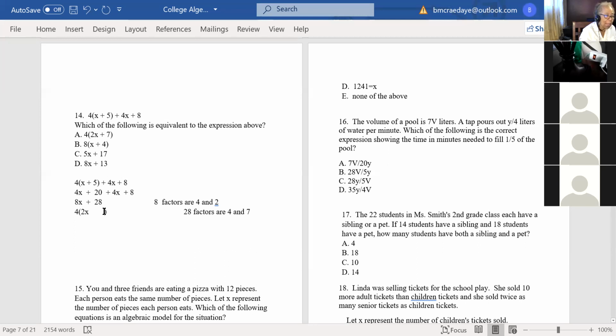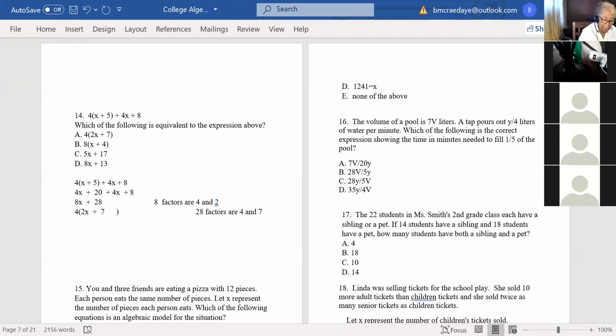What number times 4 gives 28, Chastity? What number do I multiply by 4 and get 28? It's 7. Yes, excellent.